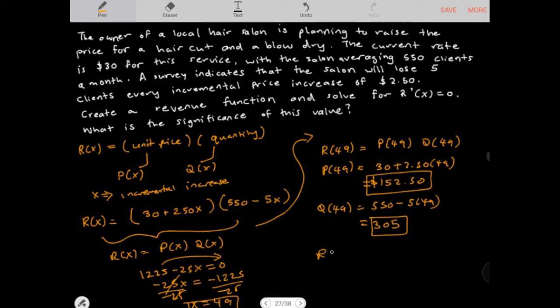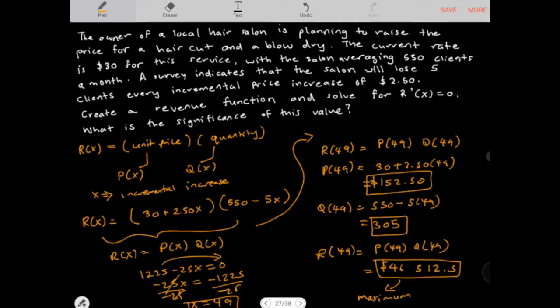And we can see that the total revenue here is P of 49 times Q of 49, which is equal to $46,512.50, and this is actually going to be a maximum revenue.